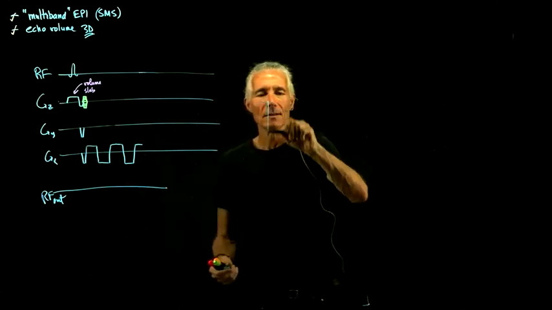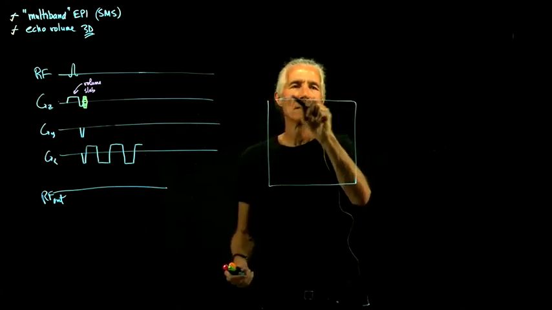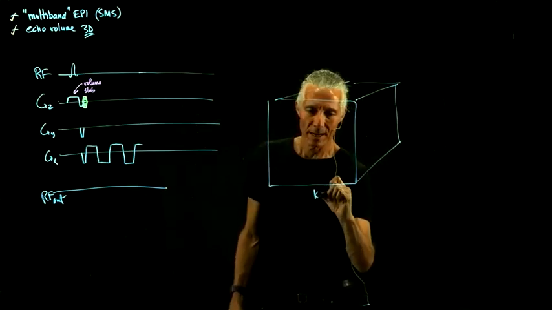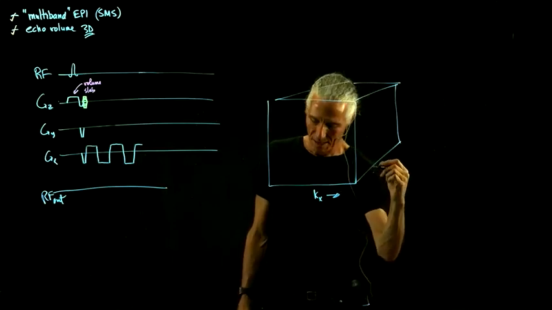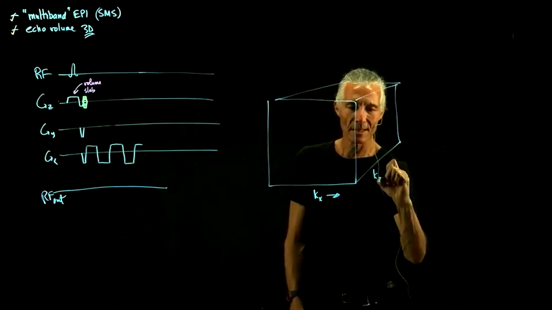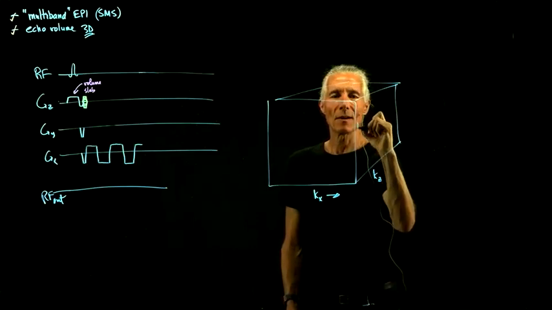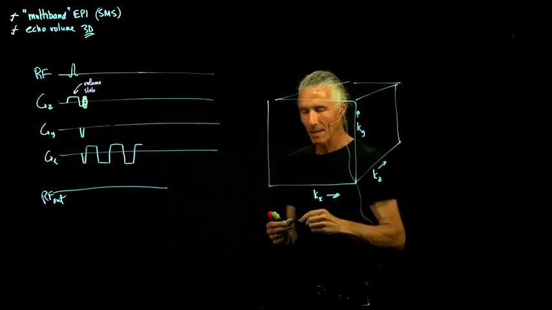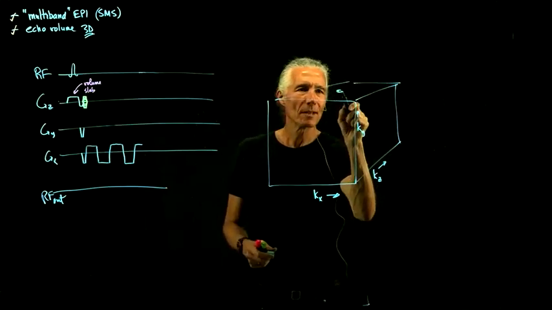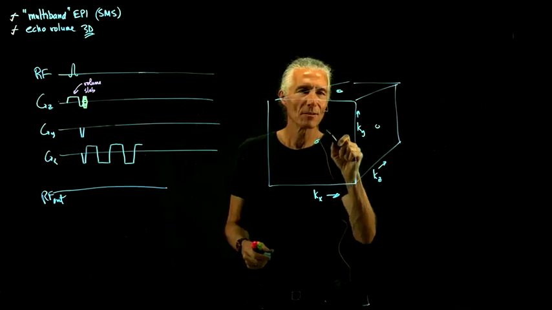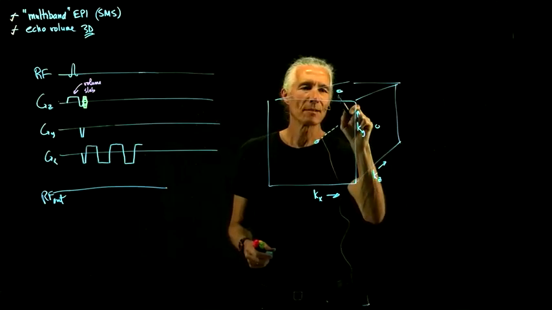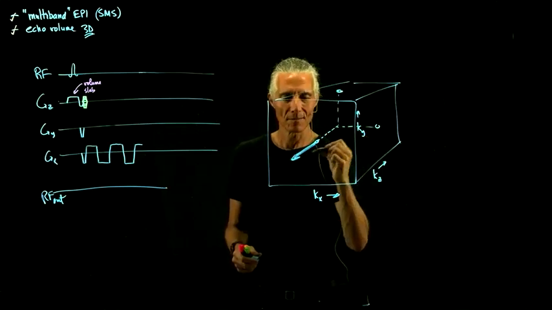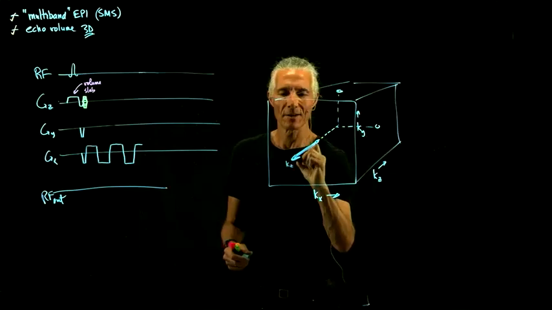So what does that look like in k-space? Here's our k-space, and here's KX, and here's say KZ, and here's KY. So we start at the middle. I'm trying to draw the middle of k-space, with KZ coming out at you.